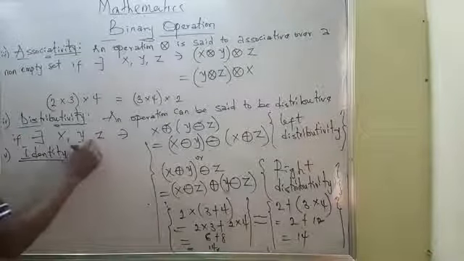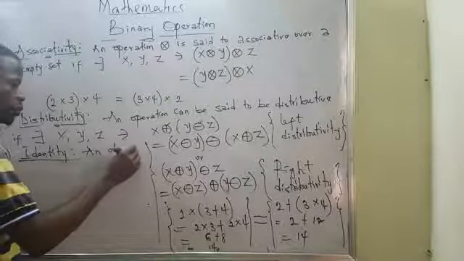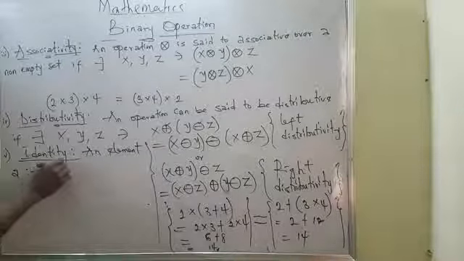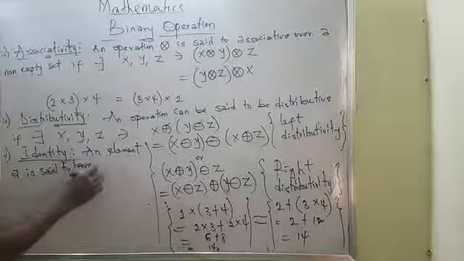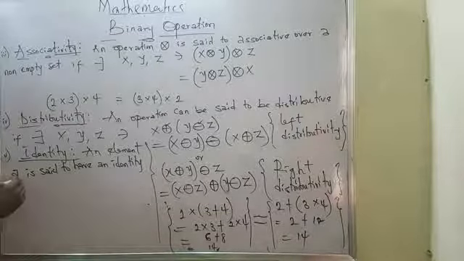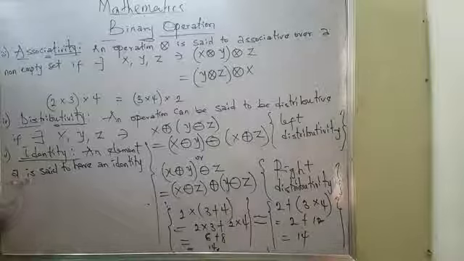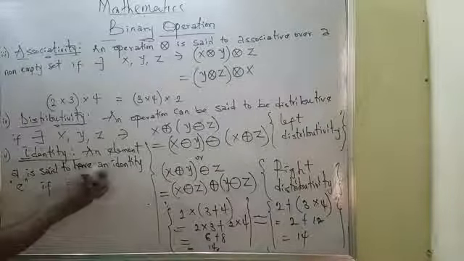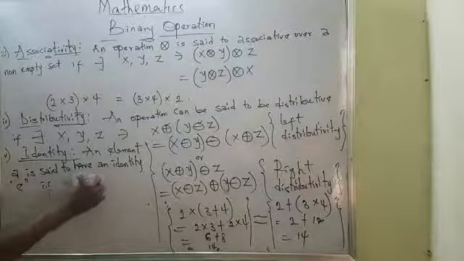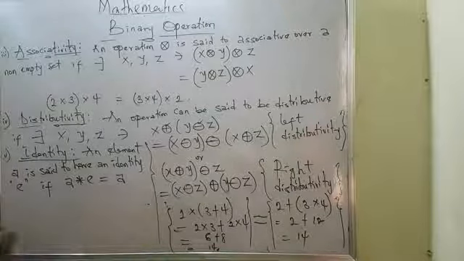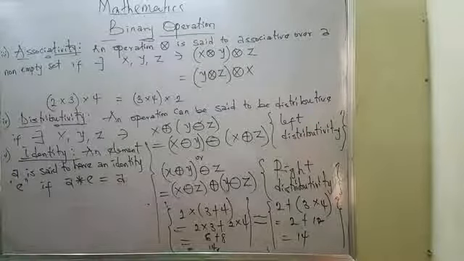Now, let me use an element A. A is said to have an identity E if A operating E gives us A. So this is the only condition where we have an identity.